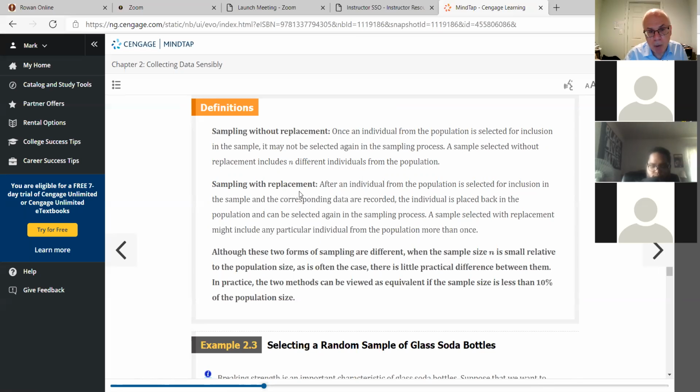Now, the question you might ask is, why would you want to do sampling with replacement? It's because you want to keep the probabilities the same, so that each person selected would have the same probability of being selected for the sample.